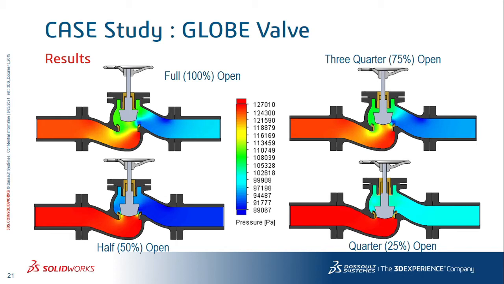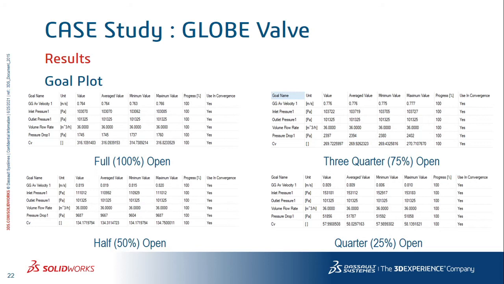So similar results have been calculated for pressure at full open, 3/4 open, half open and quarter open, and these are the results. And these are the goal plots for each and every configuration. So we can concentrate on the CV right now. The flow coefficient value for 100% open is 316.